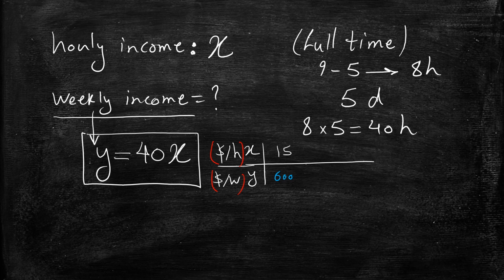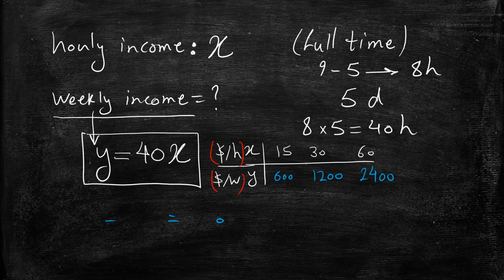For example, if you get paid a higher $30 per hour, your weekly income will be Y equals 40 multiplied by 30, which is 1,200. If you get paid $60 per hour, which is good, I wish you that one, your weekly income will be $2,400, right?